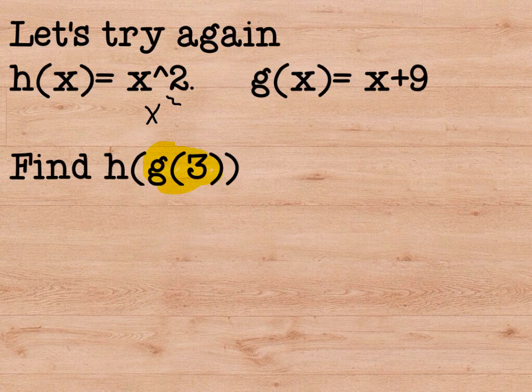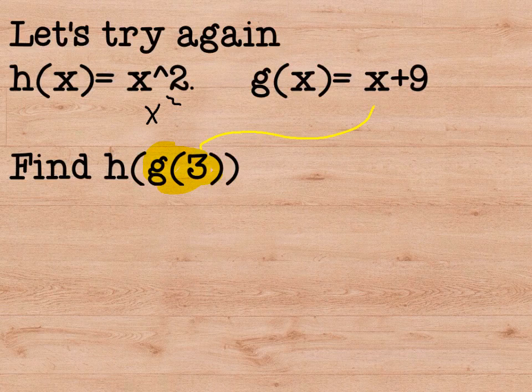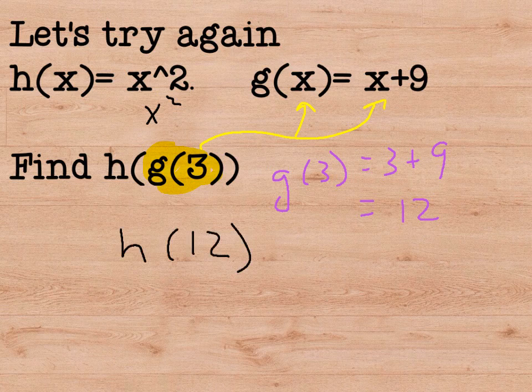Remember that that 3 goes here and here. So we're going to come over here and say that g of 3 equals 3 plus 9, which is 12.